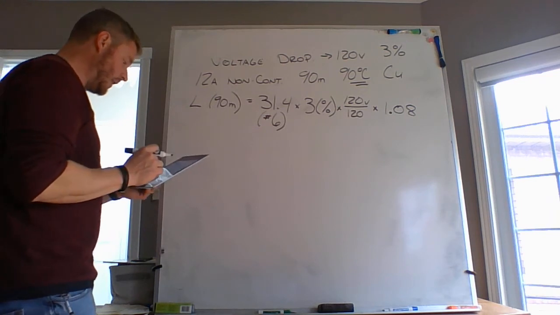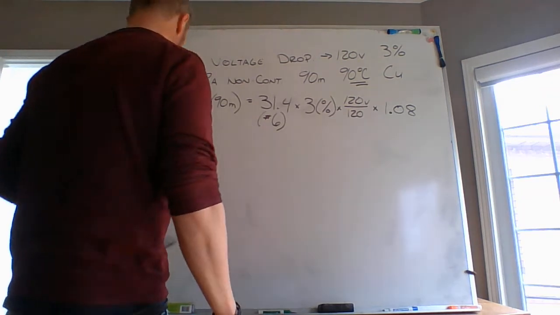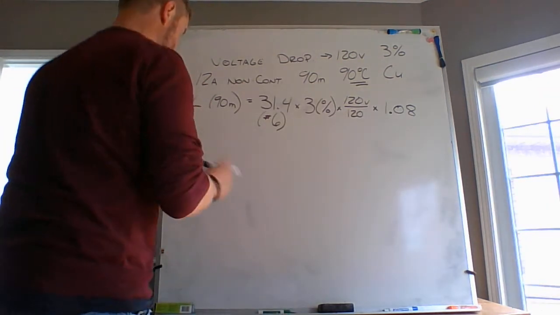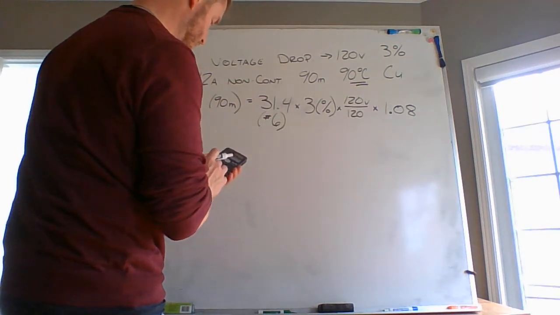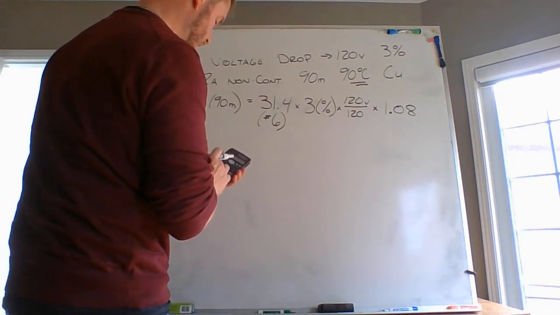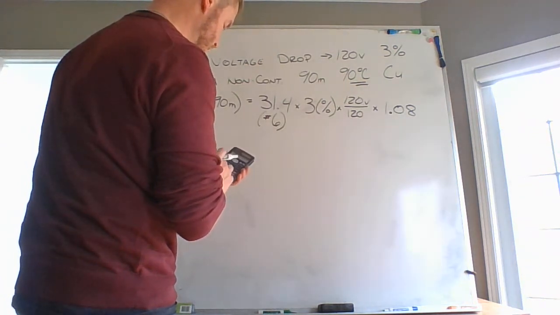So I can plug that calculation into my calculator. I can go 31.4 times 3 times bracket 120 divided by 120 bracket times 1.08.